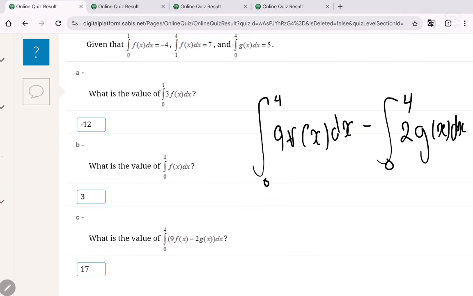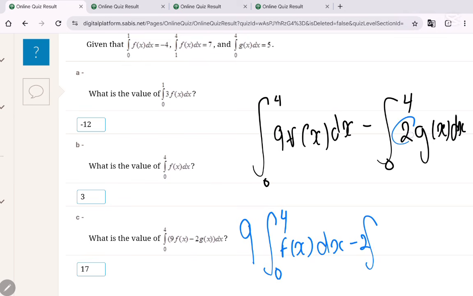Now what am I going to do? I'm going to take out the 9. 9 integration from 0 to 4 of fx dx minus, you take out the 2, my bad, minus 2 integration 0 to 4 of gx dx, okay?